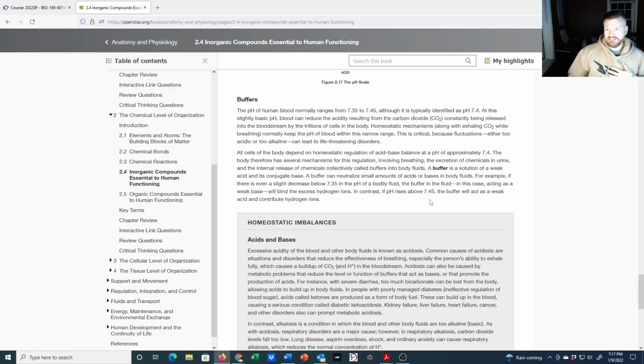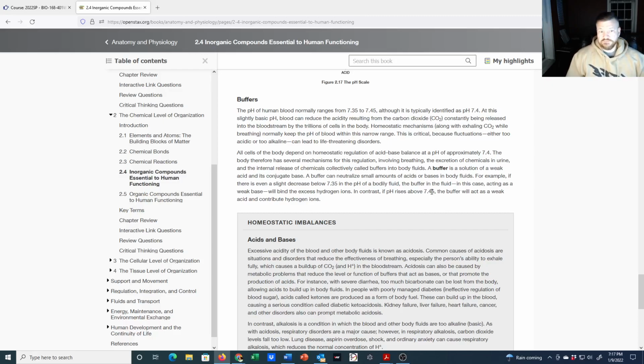The way your body maintains that is through your respiratory system and through your kidneys. Drink all the alkaline water you want. People will tell you that alkaline water is somehow better for you because it helps keep your body from being acidic. Again, your body's going to say 7.35 to 7.45 unless there's something drastically wrong.